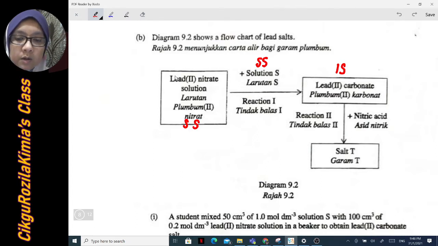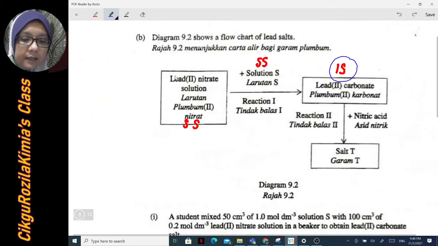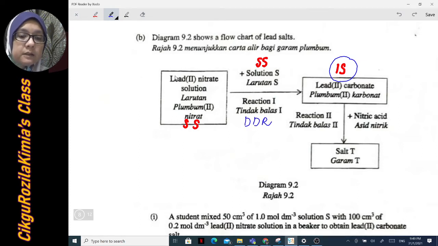So, all carbonate salts are insoluble except NaK. So, sekarang ni, lead to carbonate insoluble lah. So, kita tahu preparation of insoluble salt akan gunakan double decomposition reaction. So, daripada situ, confirm lah solution S ni adalah sejenis soluble salt. And then we move to the reaction 2, lead carbonate react dengan acid.